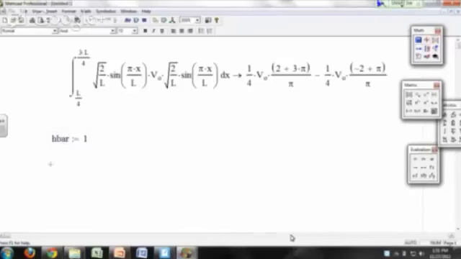Let's just define h bar to be 1. So h is going to be 2 pi times h bar. Remember, h bar is h over 2 pi. And we're going to use the mass of the electron as our unit of mass. So let's assume our particle is an electron with one unit of mass.